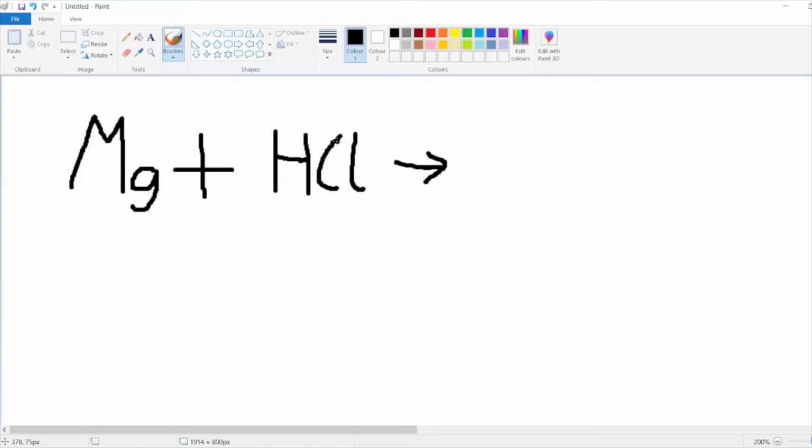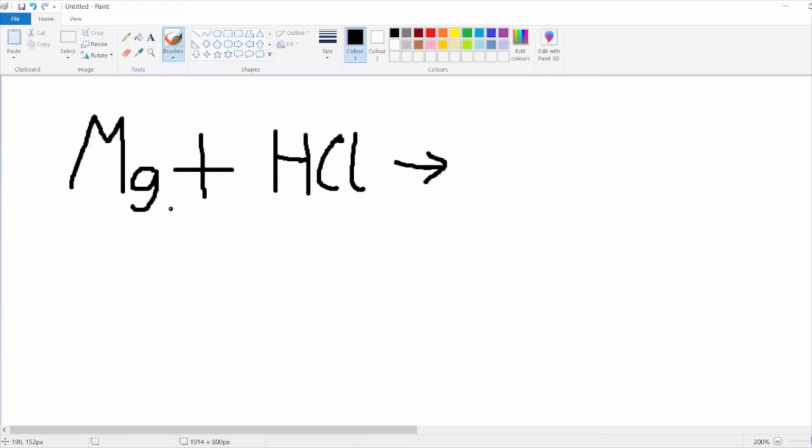That's pretty much what you need to know for GCSE level. And we get hydrogen, so we can pretty much figure out that when the hydrogen gets taken away, we're going to be left with magnesium chloride, because if you remember ionic compounds again from the second video, go and watch it if you haven't. It's really essential to understand this topic, because ionic bonding is not metal plus non-metal.